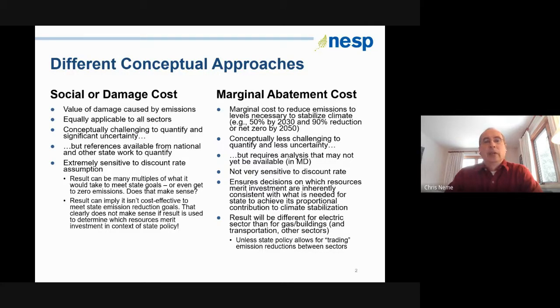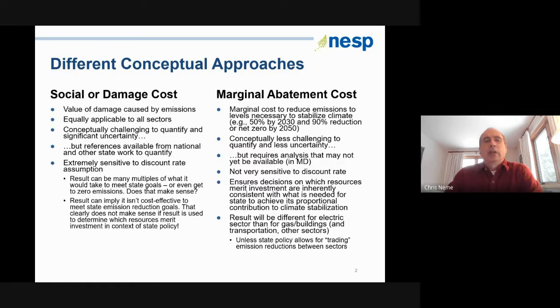As a result, depending on which discount rate you choose, you can end up with a value per ton of greenhouse gas emissions that is many multiples of what it would take to actually reduce a state's greenhouse gas emissions to net zero.